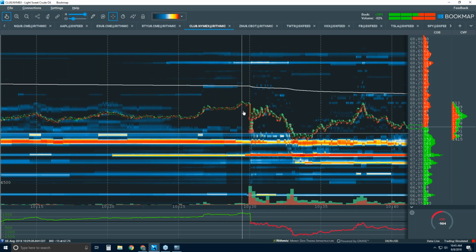That's how you get volatility, when there's not much liquidity. Price gets very, very volatile. When there's lots of liquidity, price is pretty calm and just meanders back and forth, until there's some sort of upset in the liquidity.